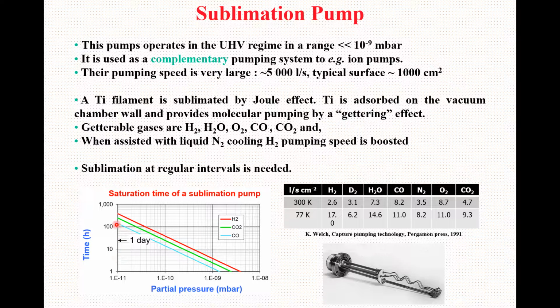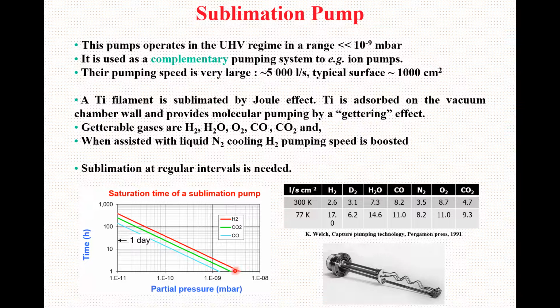The time taken for sublimation is plotted against the partial pressure in millibar. When the partial pressure is reduced, it takes a higher time, on the order of an hour.